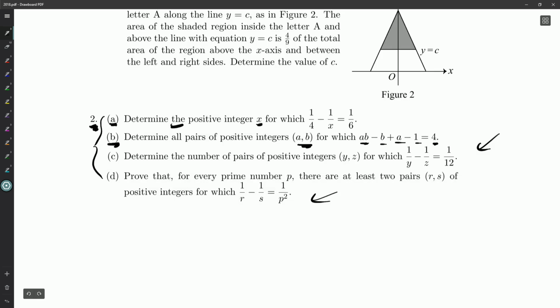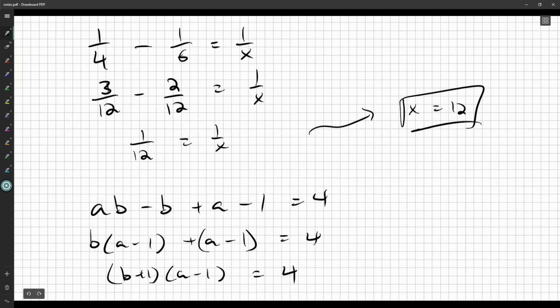Now, all pairs of positive integers a, b. I think it might be easier just to sort of make a little table. What we want to do is, clearly b plus 1 is a factor of 4. A minus 1 is a factor of 4 as well.